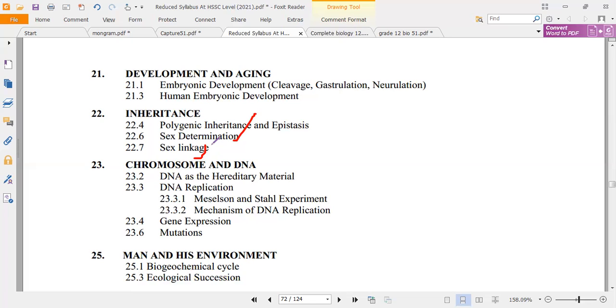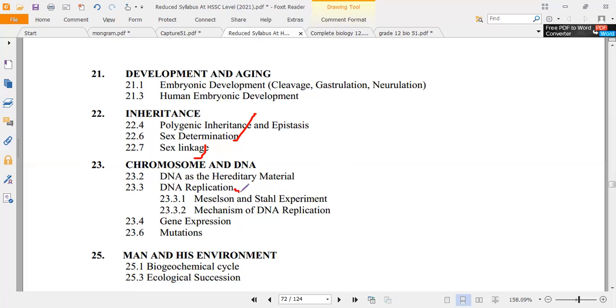Before that, structure of chromosome and DNA, concept of gene, that is excluded. But DNA as a hereditary material, that is 23.2, the exact number, in which Griffith's experiment, these three experiments are there, the Hershey and Chase experiment, these are all included.